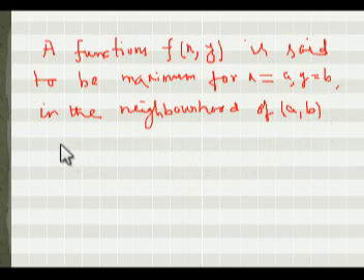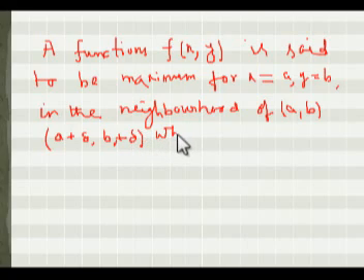The neighborhood can be written as (a plus delta, b plus delta), where mod of delta tends to 0, or is just greater than 0.